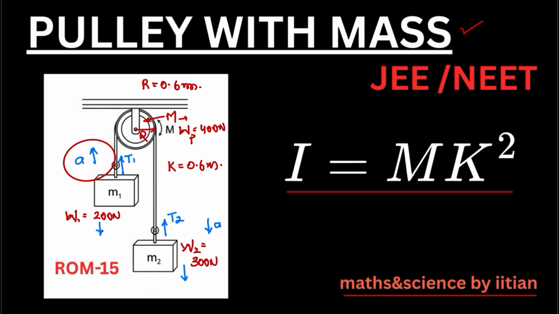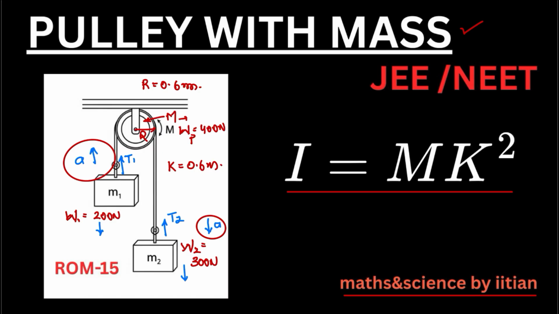We are at liberty to consider the direction of acceleration. Acceleration always acts in the direction of the force and the direction of the motion. Because with common sense, we have taken that the 300 newtons weight moves downwards and the 200 newtons weight moves upwards. If we get the acceleration value with a negative sign, then whatever we have considered, we will reverse it.